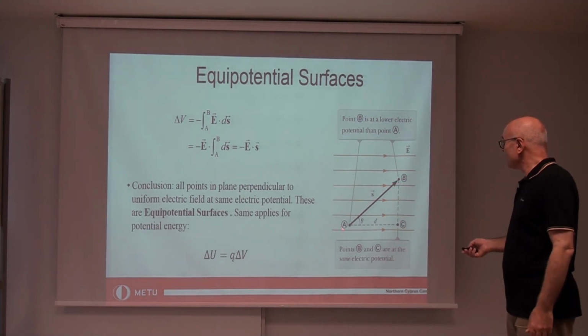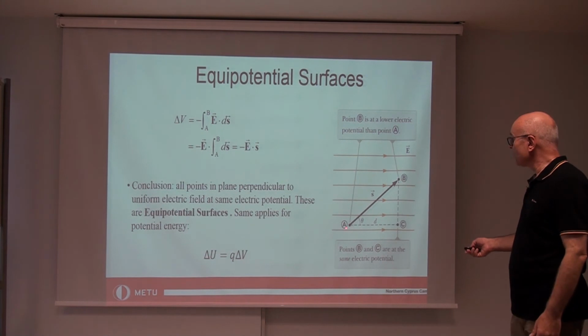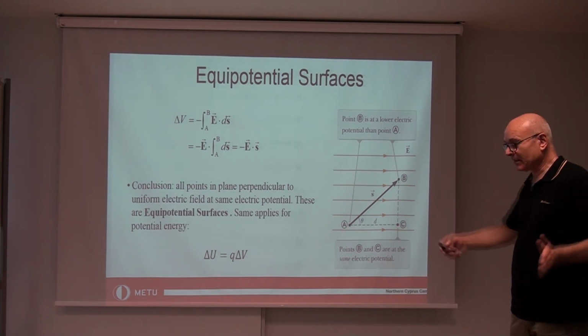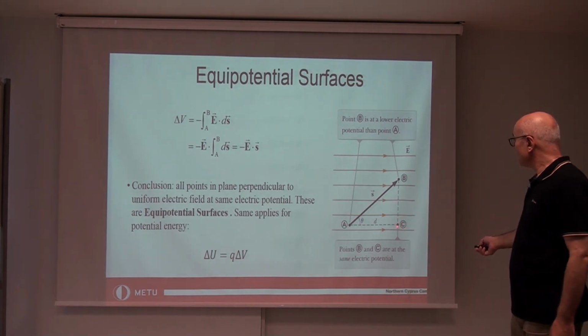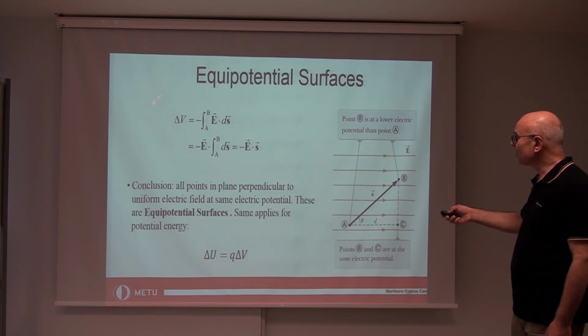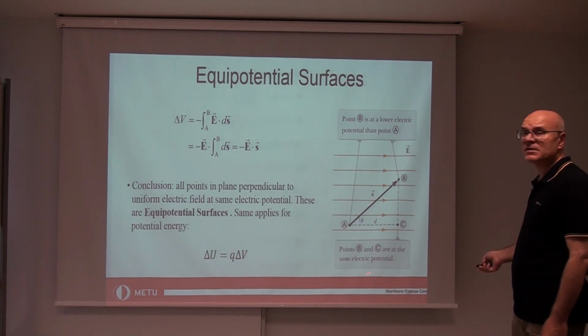So if you think of a surface that is perpendicular to the electric field lines and A lies on that surface, and there is another surface at a distance D and perpendicular to the field also, then for any vector that goes from A to any point on that surface, if you calculate the potential difference there, you will get the same result.